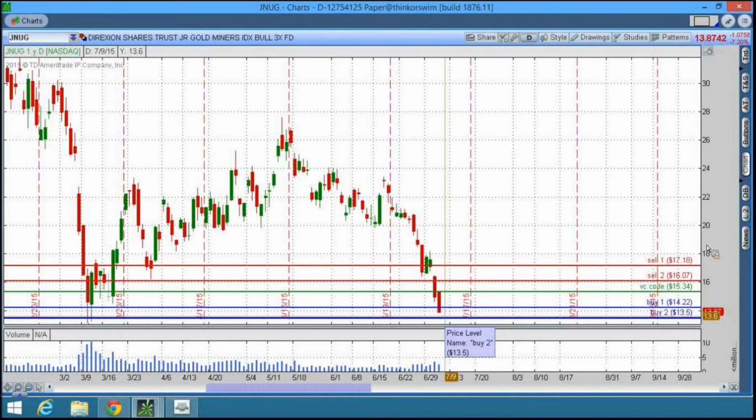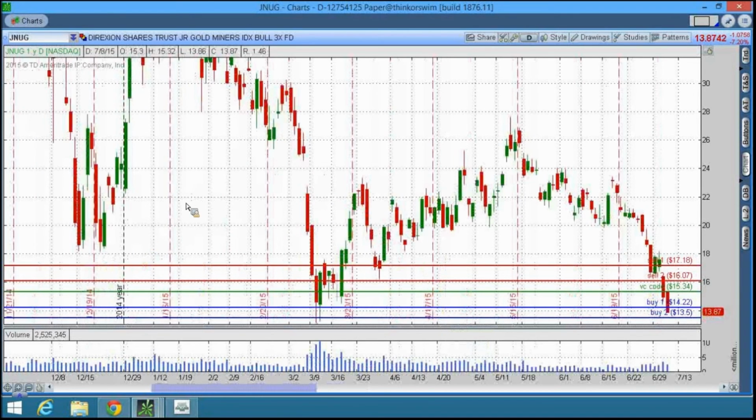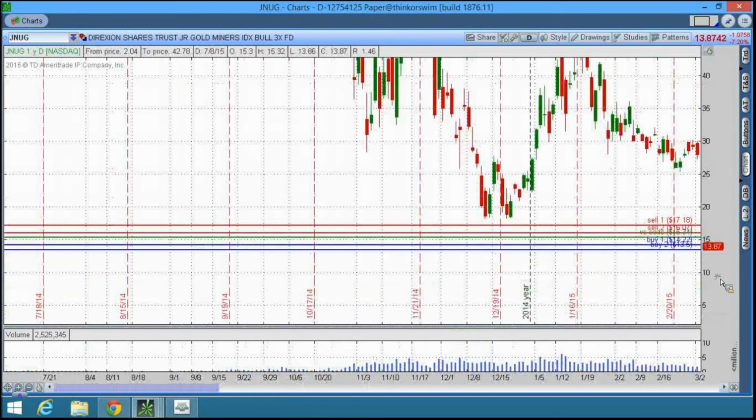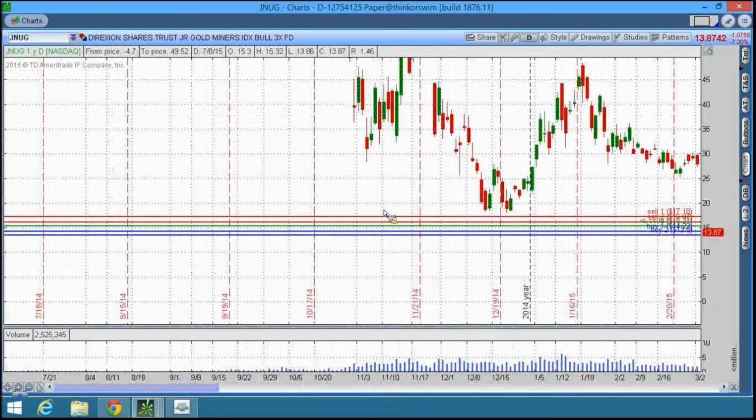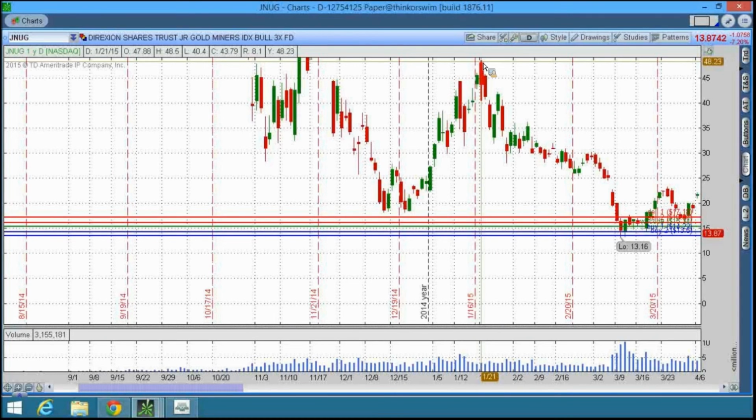But I think going back once again to the early part of this move, we're looking at the January high to be about $48 for JNUG as of January of this year.